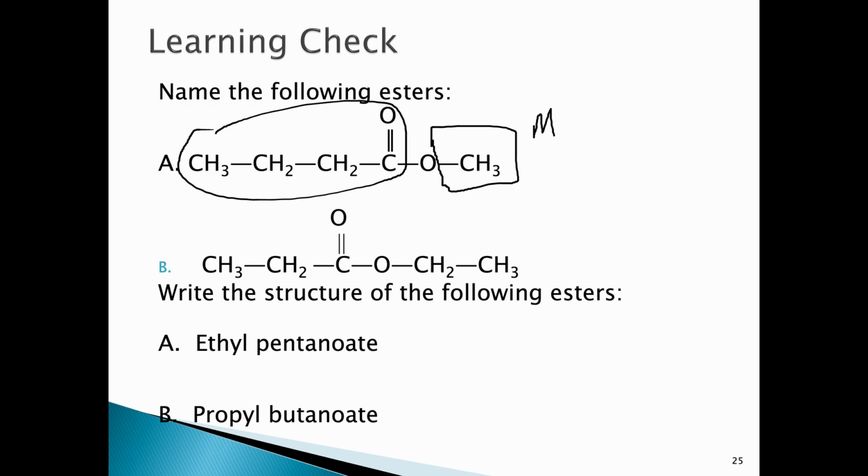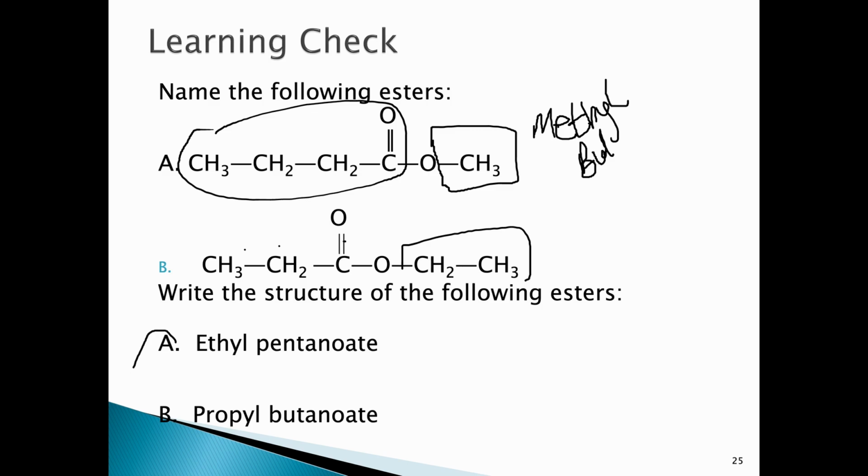So in this case, you have your methyl, 1, 2, 3, 4 butanoate. Second one, you have your ethyl, and 1, 2, 3. So this is going to be your ethyl propanoate.